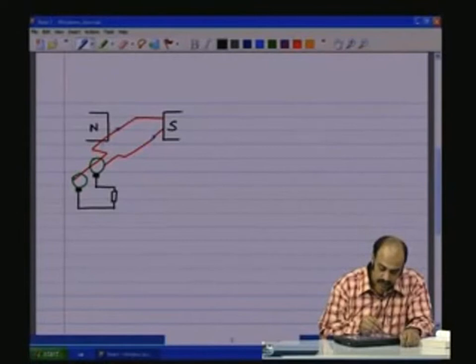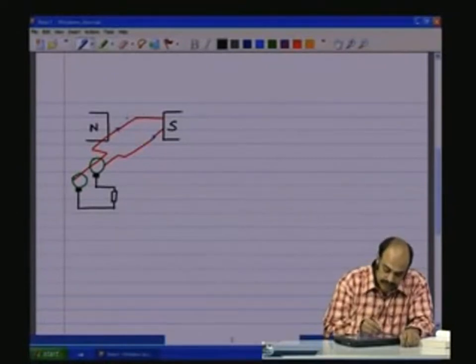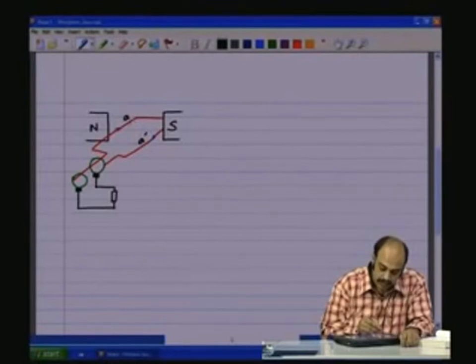Now, as the coil rotates, let us say this is the coil conductor A and this is coil conductor A dash. The current through A is positive, let us say this direction is positive, and as this comes into an orthogonal plane, that is perpendicular to the north-south axis, the current through A and A dash will become 0. Then on further rotation the current through A starts going negative and the current flows in the opposite direction in the external load.